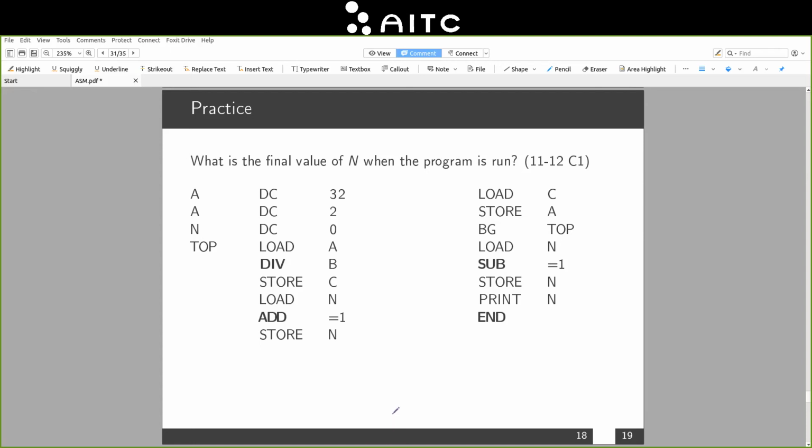And do you have any idea? I have some ideas, but the idea is based on some questions. The first question is what's the value of B? B equals 0.